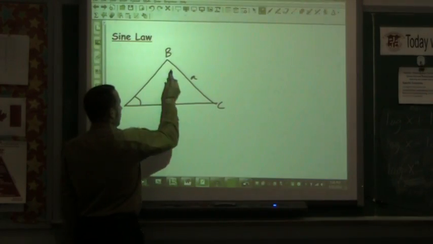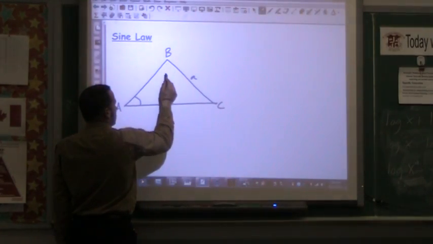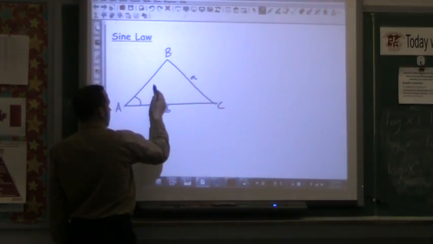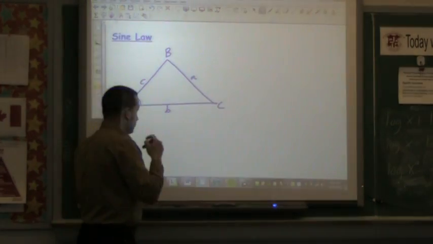So then we go around the triangle. Here's angle B, so there's side B. Here's angle C, and here's side C.